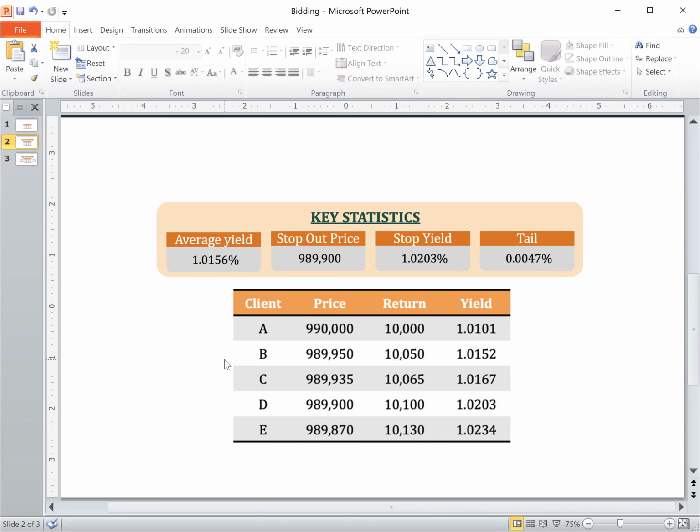Now, guys, at what price will everybody get the bills? Any idea? What price would A, B, C, D pay? What price would non-competitive bidders pay for every T-bill? Any idea?